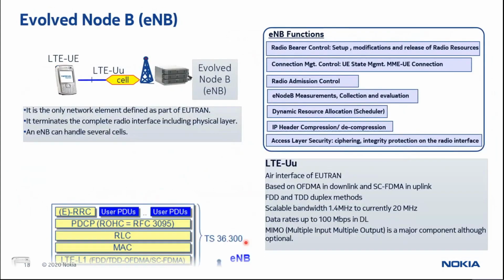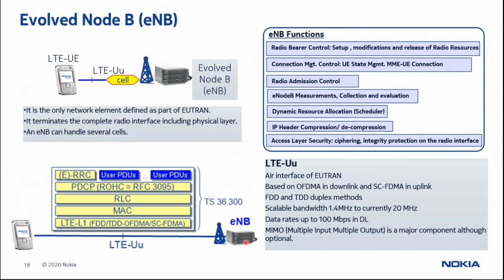Okay, let's go into the details of eNodeB. Not too much, but just for the sake of making sense of what is being depicted here. eNodeB, as I said, is evolved Node B. It is the only network element which is defined as part of E-UTRAN. UTRAN is nothing but the radio network for 3G. E-UTRAN is nothing but evolved UTRAN, which represents the 4G radio access network.